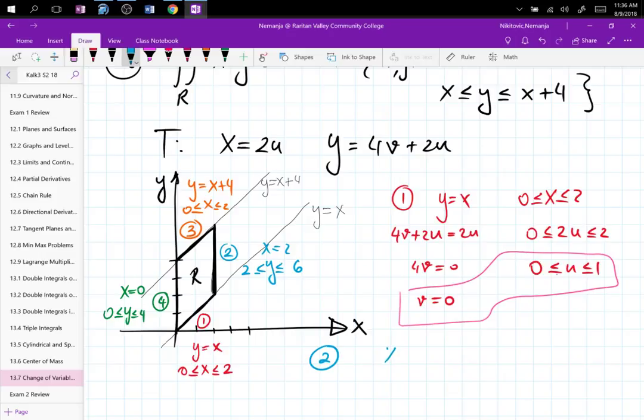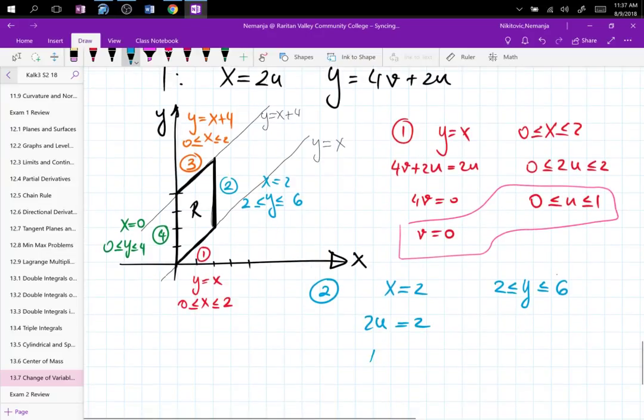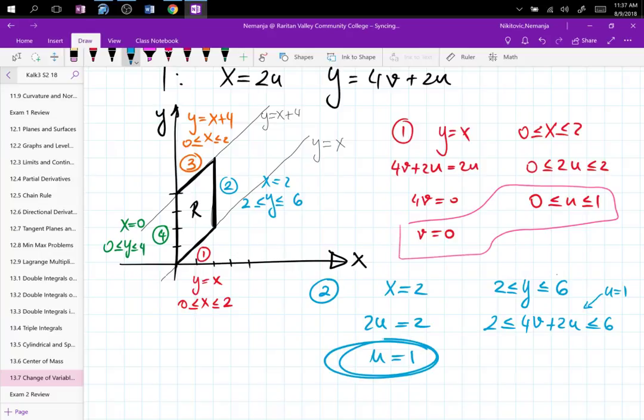Blue equations, x equals 2 and y between 2 and 6. So x is given as 2u equals 2, u equals 1. Y is this long, so 4v plus 2u less than 6. But guys, we know that u is equal to 1. Right, we have it here.